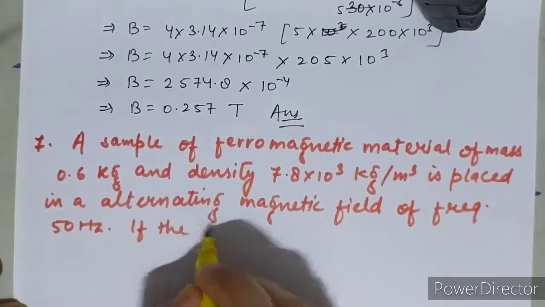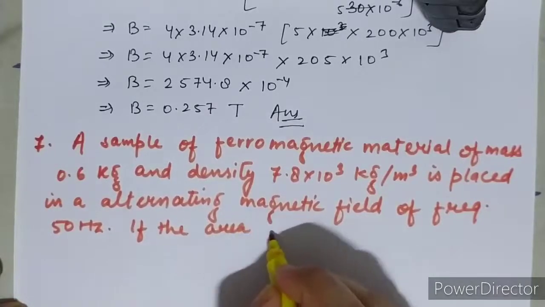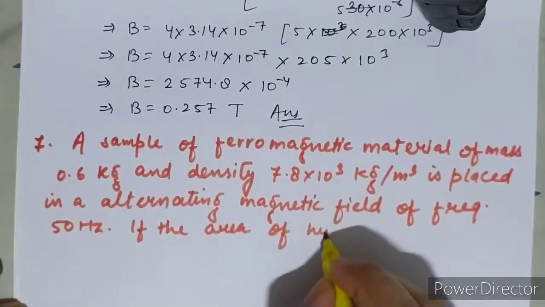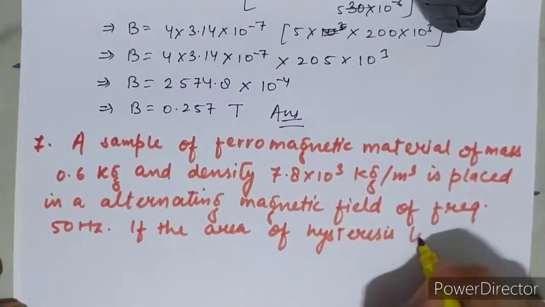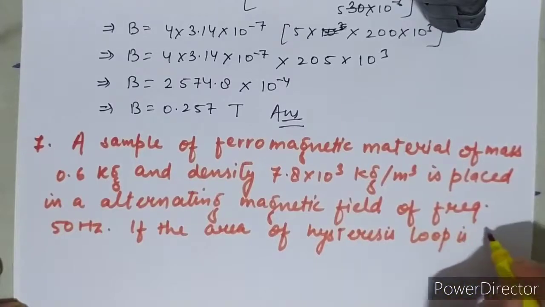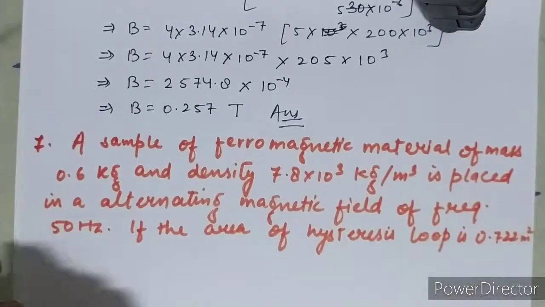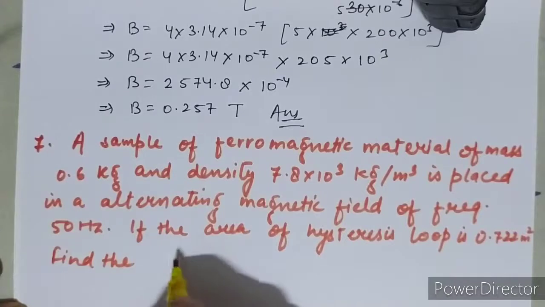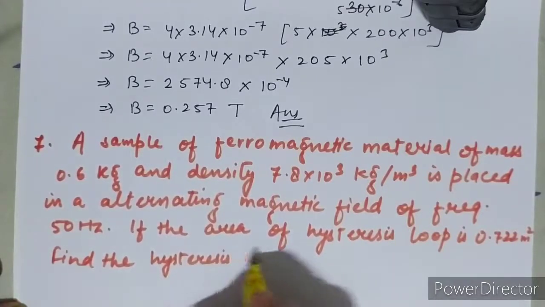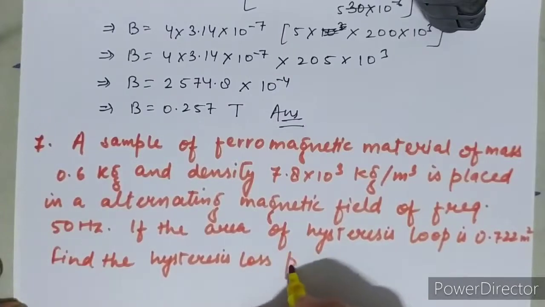If the area of the hysteresis loop is 0.722 meter square, find the hysteresis loss per second.